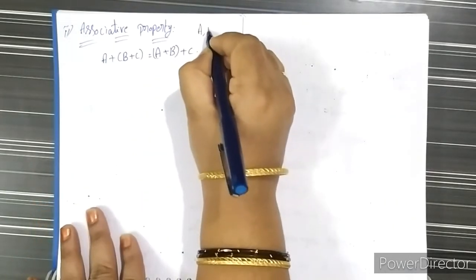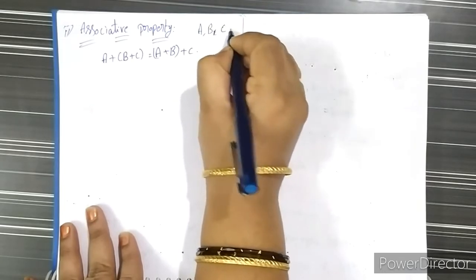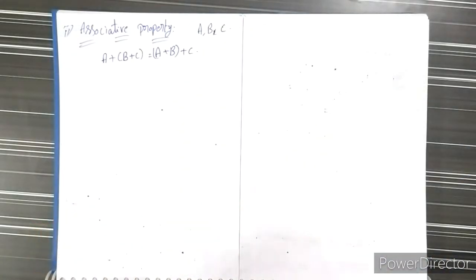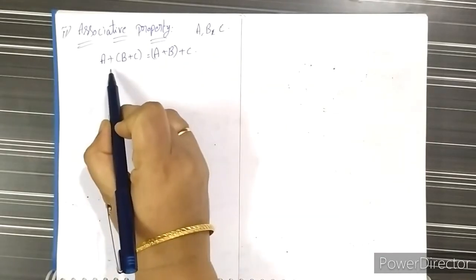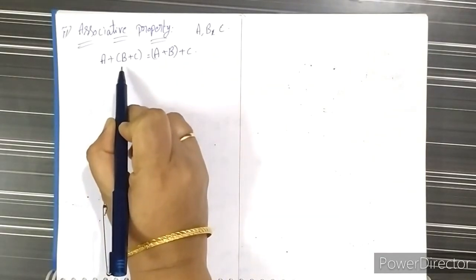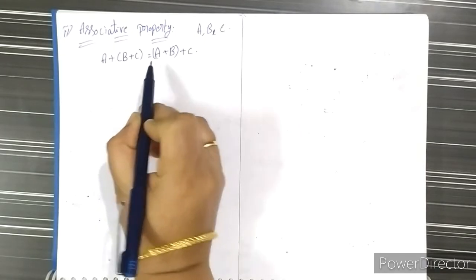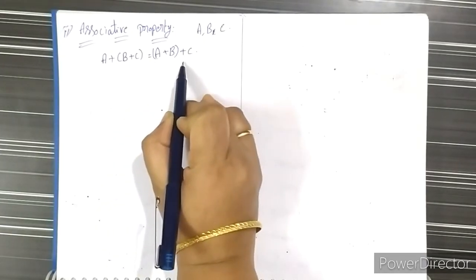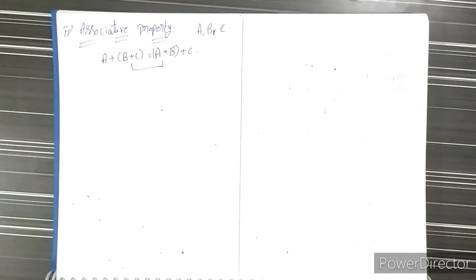If A, B, C are any 3 matrices of the same order, then A plus (B plus C) is equal to (A plus B) plus C. We can prove this condition. We can say that the addition of matrices is associative.